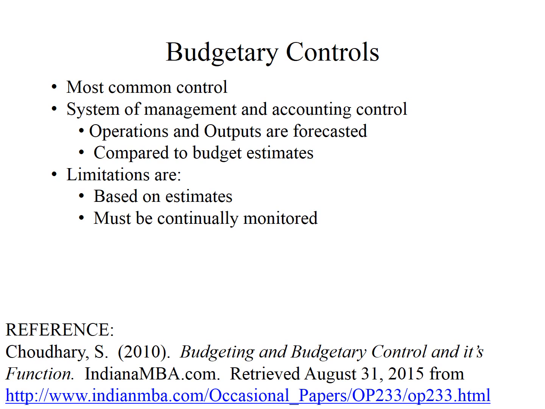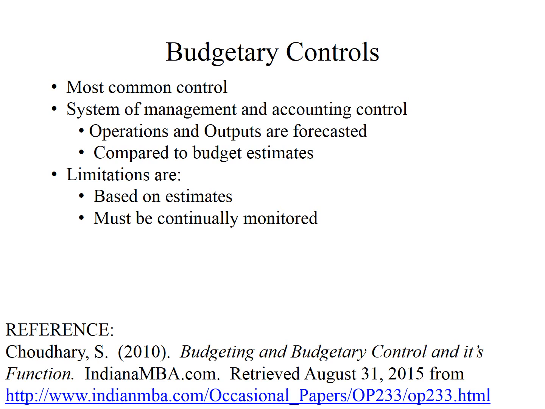Budgetary controls are the most common type of control used in almost all organizations. It's a system of management and accounting control where the operations and outputs are forecasted. So this is how much it's going to cost us during the operation, what it's going to cost us for the output, and what we're planning to bring back in.